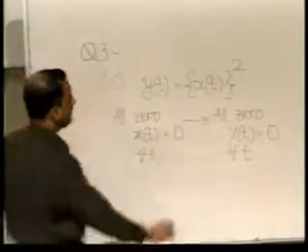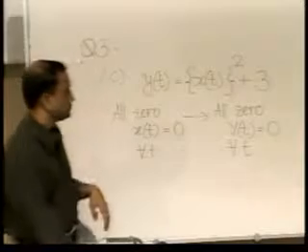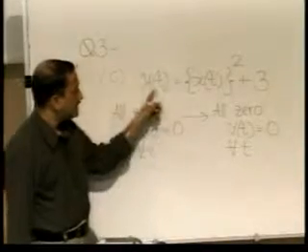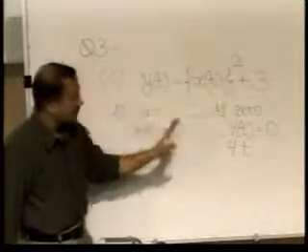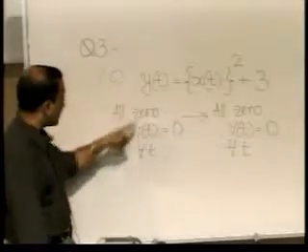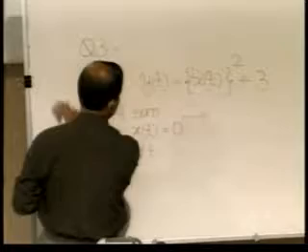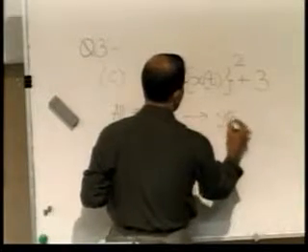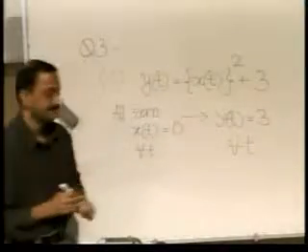But if I simply modify this system by adding 3 to it, so I have y(t) is equal to x(t) the whole squared plus 3, then the system still remains nonlinear. But now an all 0 x(t) does not produce an all 0 y(t). In fact, y(t) is equal to 3 for all t, so it's not all 0.